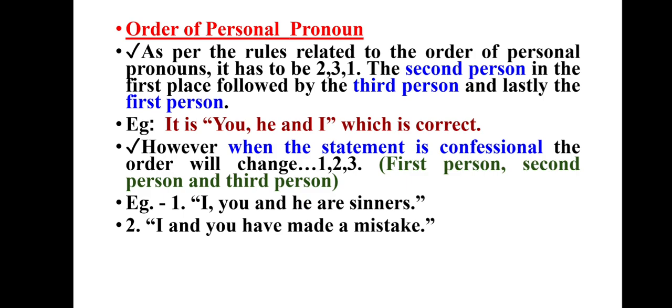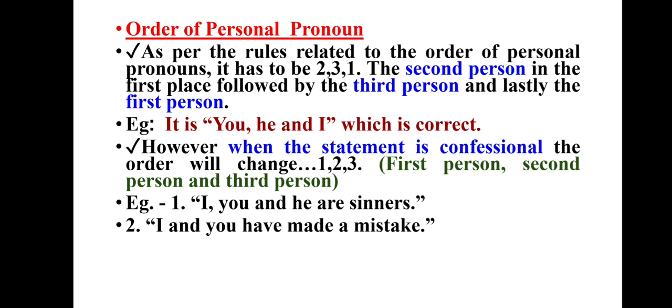Now, please take care, this is the normal order, but when the statement is confessional, then the order will change. Confessional means you have to accept something, you are accepting your mistake or error or blunder or sin. Suppose three persons have done some mistake, and because of their carelessness something goes wrong in your organization, then a report is being made.